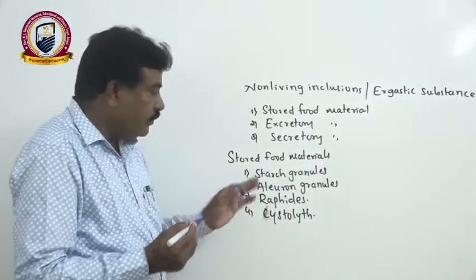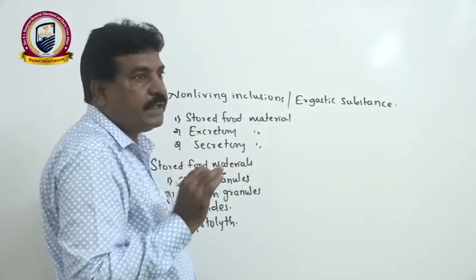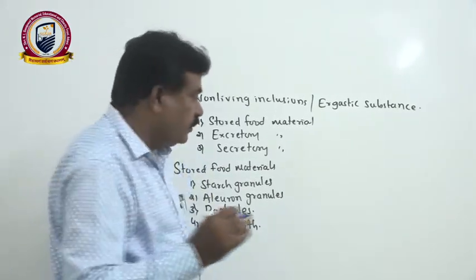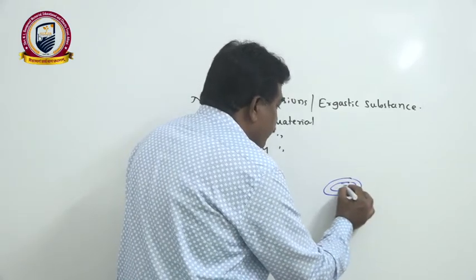If you take starch granules, especially in starch-rich food grains like jowar, maize, rice, their cytoplasm contains starch granules.